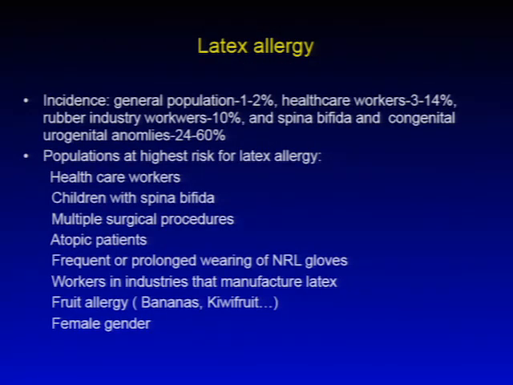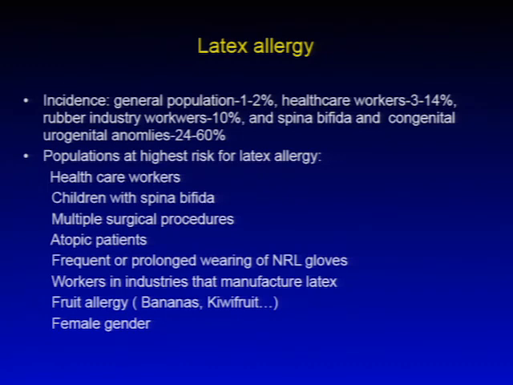The incidence of latex allergy in the general population is about 1 to 2%. In healthcare workers it is about 3 to 14%, and in rubber industry workers about 10%. In patients with spina bifida and congenital urogenital problems it is pretty high, 24 to 60%.